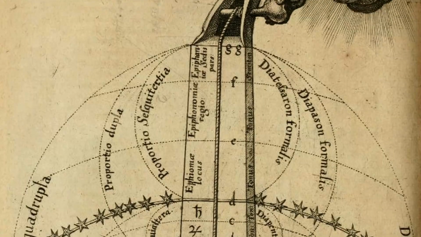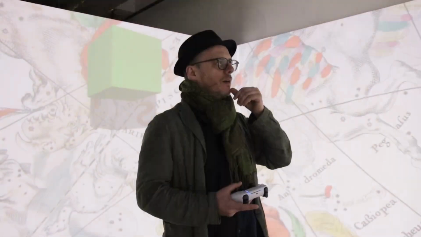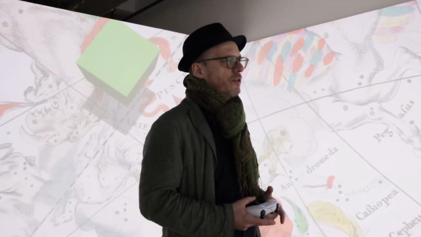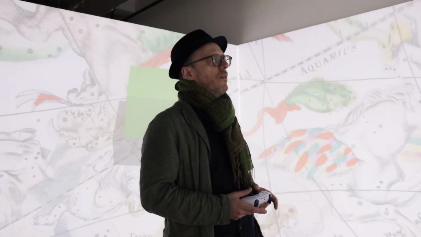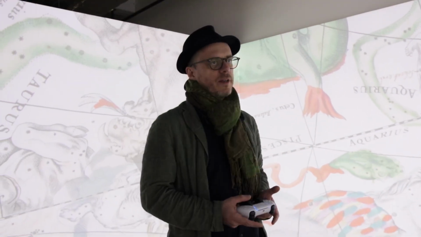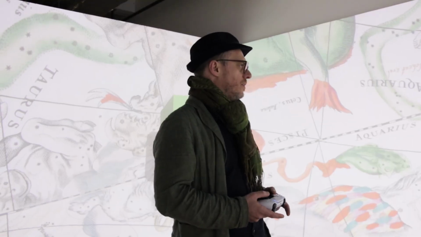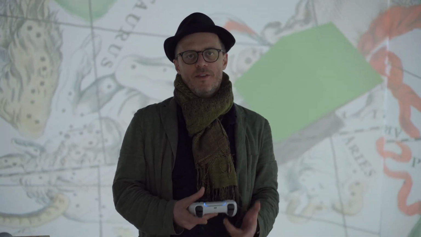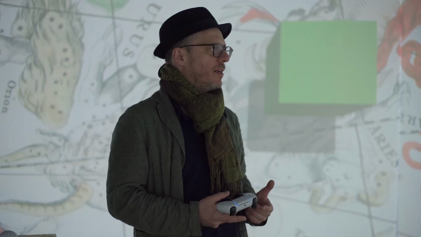And if you go many years forward, you have Johannes Kepler, who was a pupil of Galileo Galilei, and Kepler tried to prove or understand this Pythagorean notion of the cosmic harmony a little better.